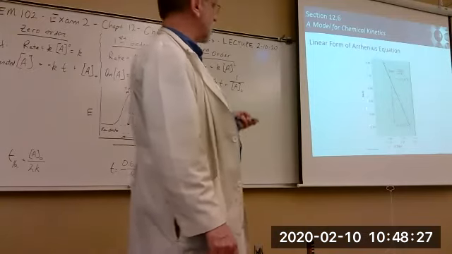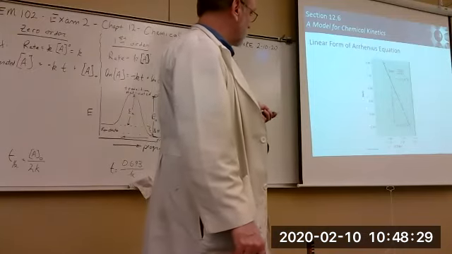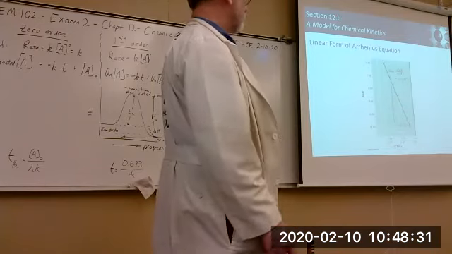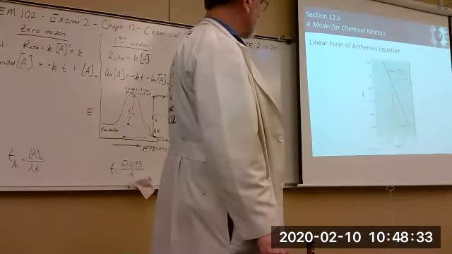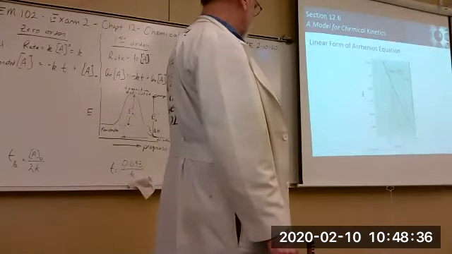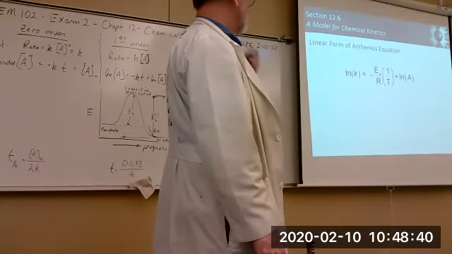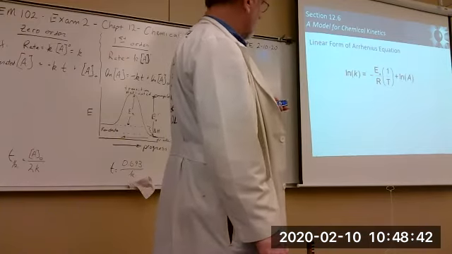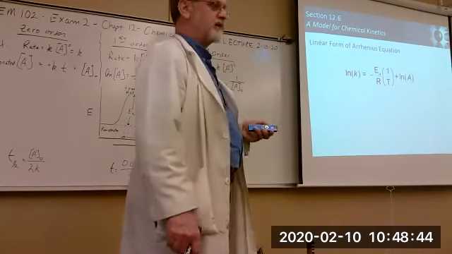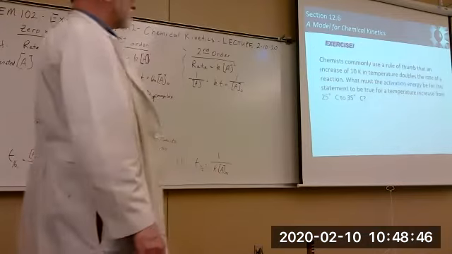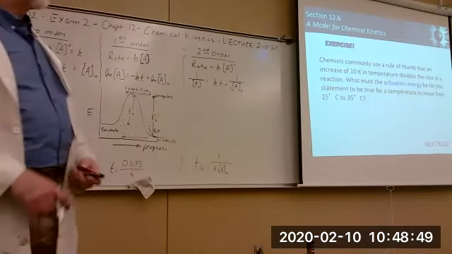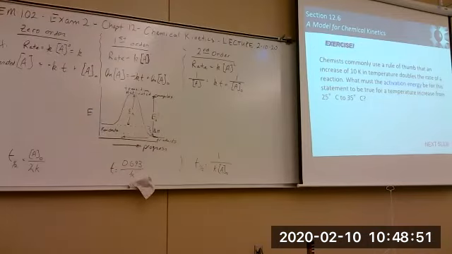So we determine k for each one of these experiments, the rate constant. Plot them, find out what the slope is, and the slope is then equal to minus Ea over R. Once we know what the slope is, we can solve for Ea because R is a constant. So that's the form of the Arrhenius equation that we would use to solve for the activation energy.